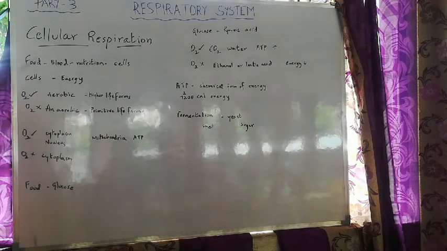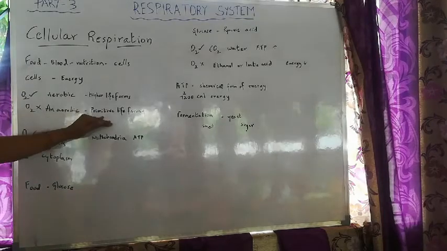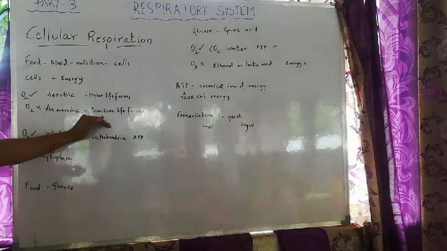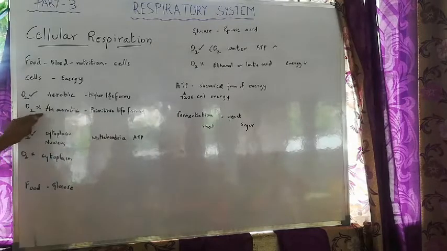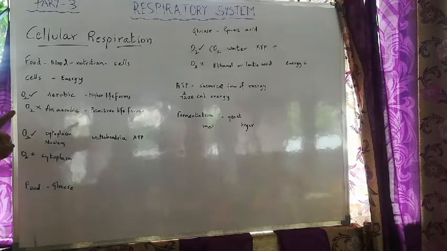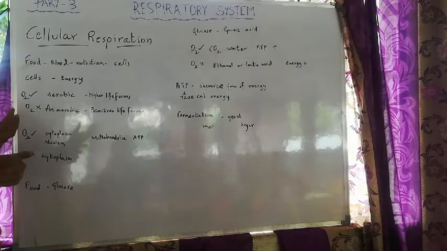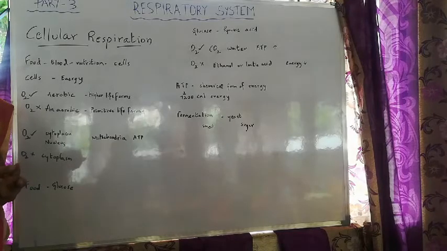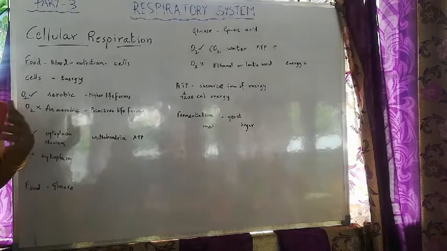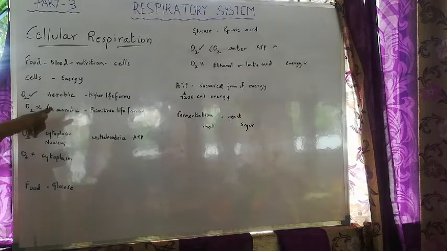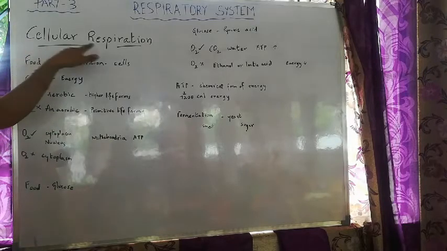Here also whatever energy is released by those microscopic organisms comes through anaerobic respiration only. See, that is why even if there is no oxygen supply, we can't live, but certain bacteria, they can survive. How are they surviving? How are they breathing? How are they living? How are they getting energy? Through anaerobic cellular respiration.